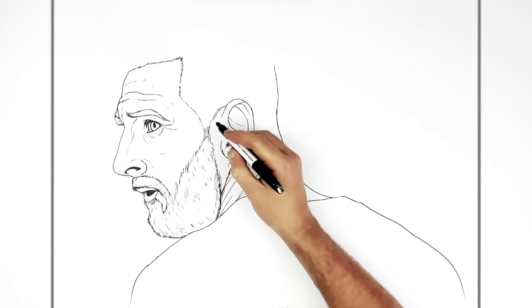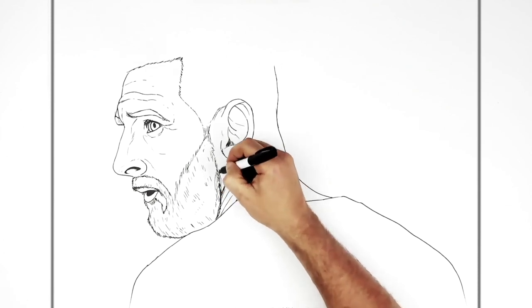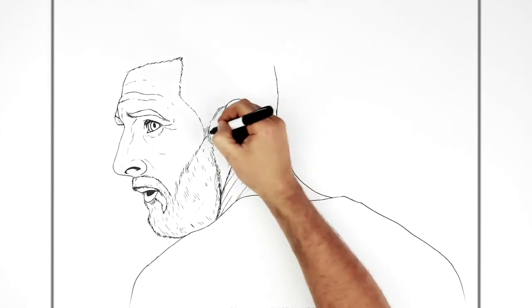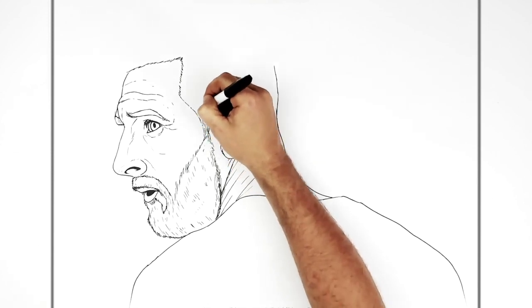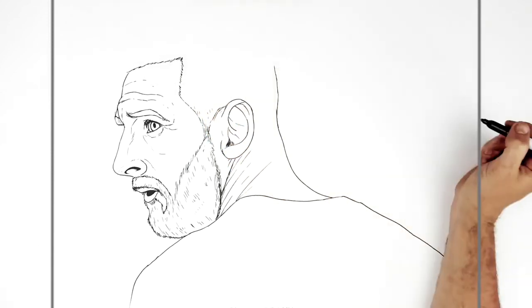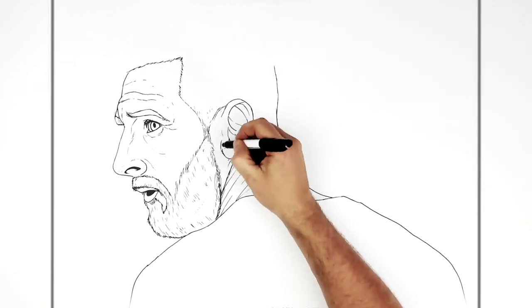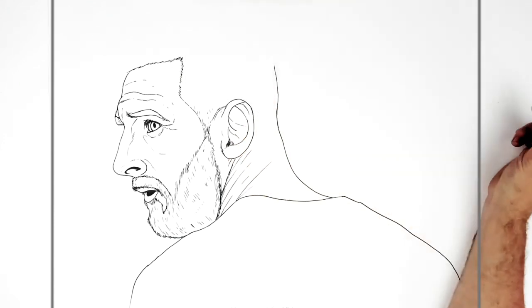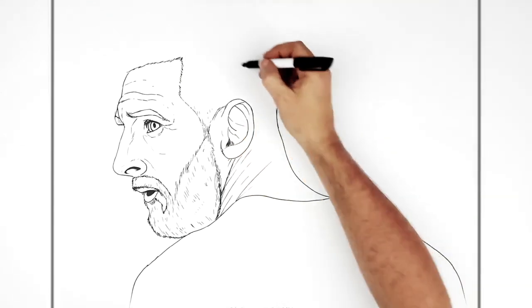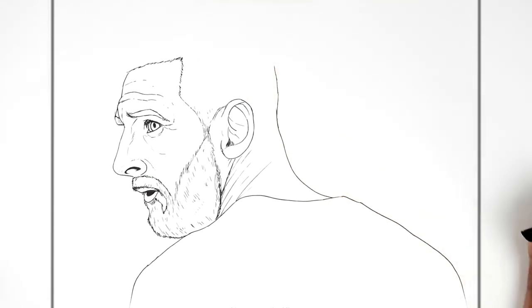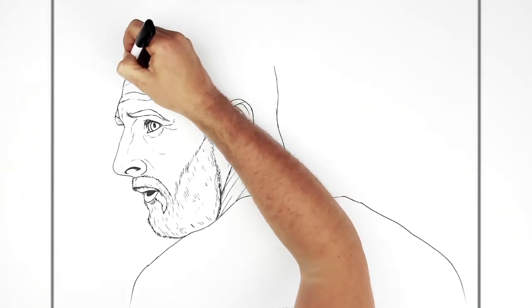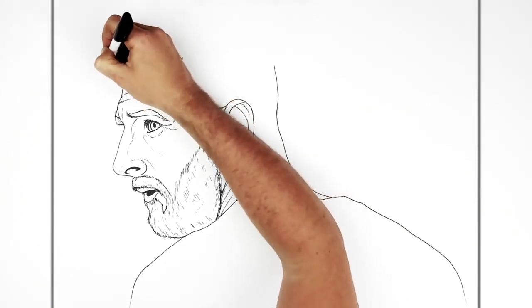We can add maybe some more facial hair. Okay, so then the rest of his hair. So say out the front here, we'll start adding some spikes and stuff.